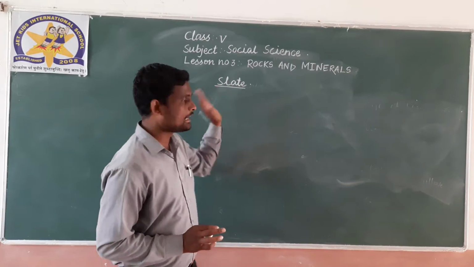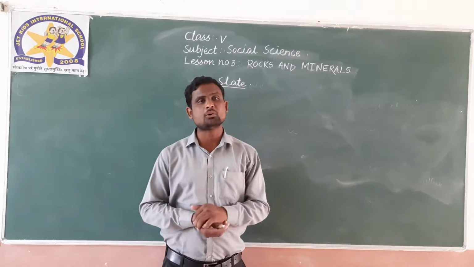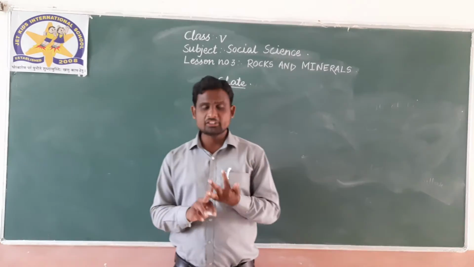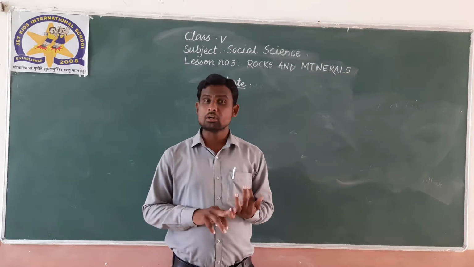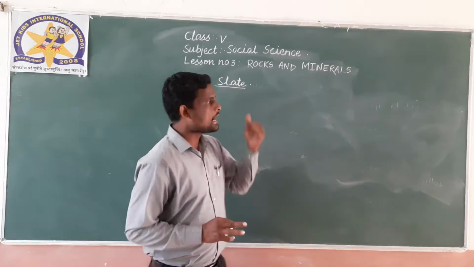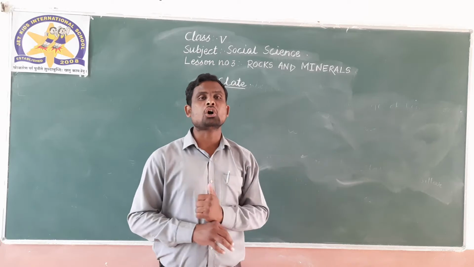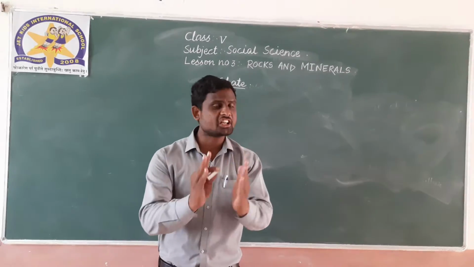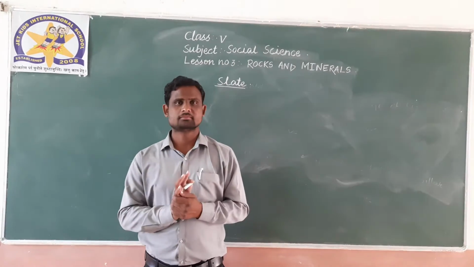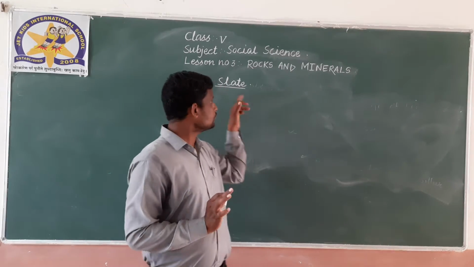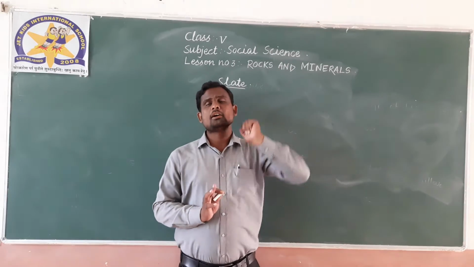So here I have told you all the information about slate. Slate is one type of metamorphic rock, and it is formed due to metamorphosis of shale, and shale is a sedimentary rock. After that, I have told you the color of slate.